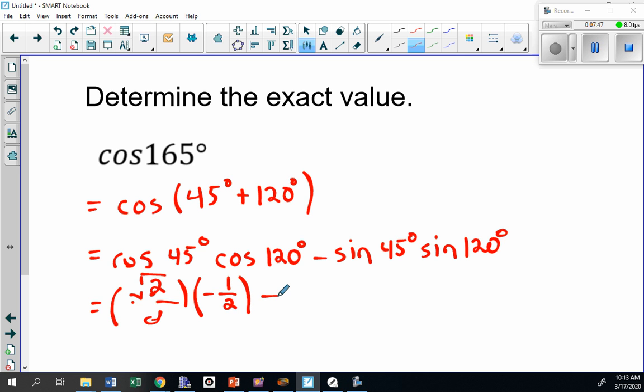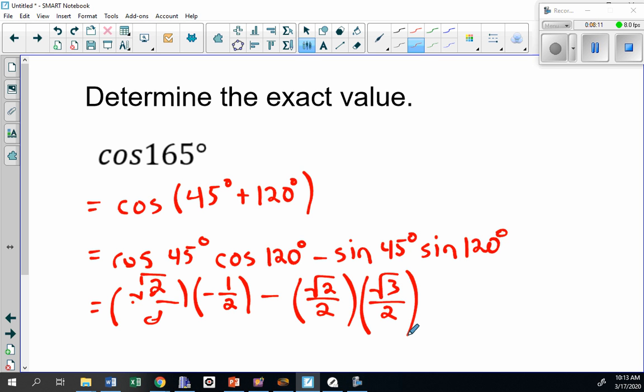And then a subtraction. Sine 45 degrees is square root 2 over 2. And all of this, again, is coming from the unit circle. And then sine 120 degrees is square root 3 over 2. Now, we're not done. We have to determine the exact value.